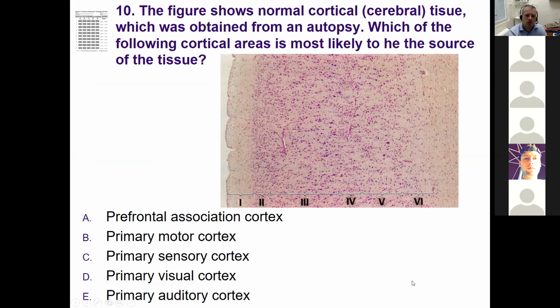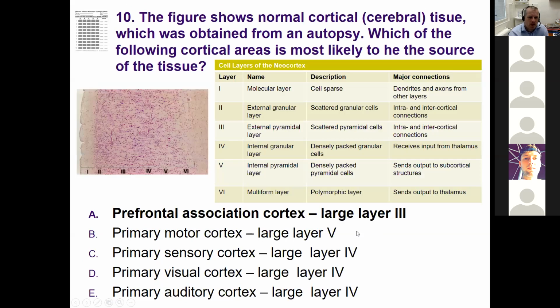So I will go to a solution. In this case, the A was the correct answer. How could you know? I hope you noticed that the thickest lamina, the layer, is the number 3 here. And this is typical for the association cortex. Now, it's in the prefrontal lobes of your brain.